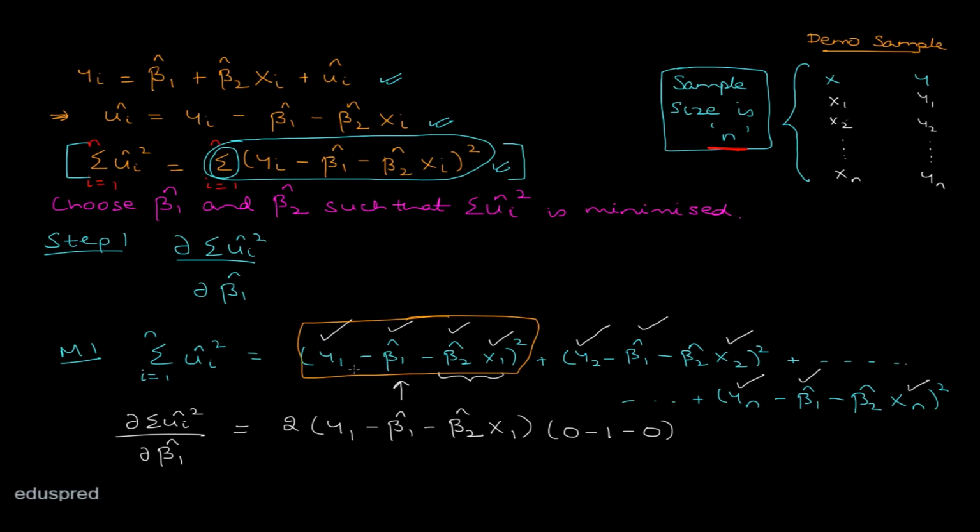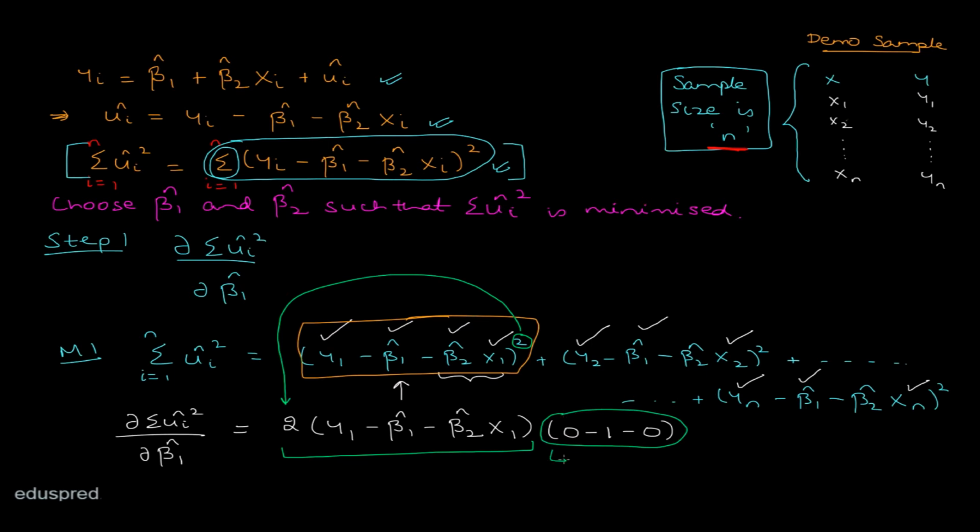Let me try to provide you some intuition regarding this partial differentiation exercise that I have done. Over here we have a term inside the bracket and then we have a square, so you have a 2 over here. When you do the partial differentiation of this term with respect to beta 1 hat, this 2 will come over here and then this will be multiplied with the term that was inside the bracket. And this second term that you see over here is because of the chain rule.